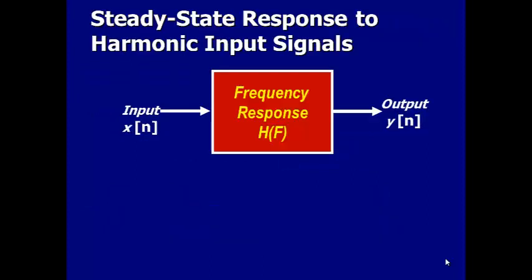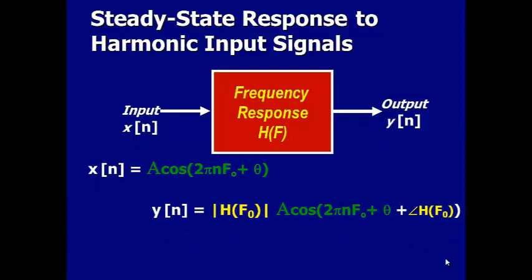Just like in continuous time systems, if you have a frequency response description of your system, and you put in a cosine of a particular frequency with some magnitude and phase, we know without doing convolution, without doing transforms, we can tell you exactly what comes out.